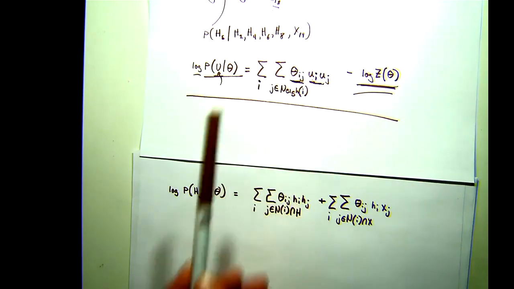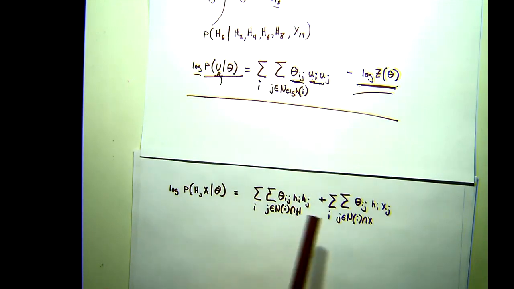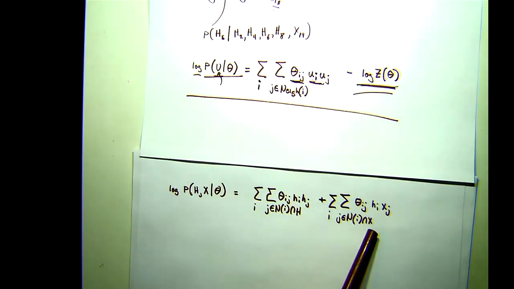Now, if we separate this out into x's and h's, we can rewrite it in a form that makes it a little more clear. In this first half, we're just considering the connections between hidden nodes. And in the second half, we're considering the connections between the hidden node and the corresponding x.